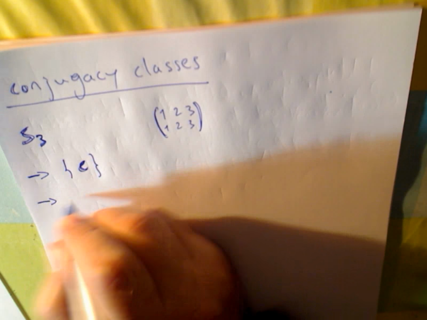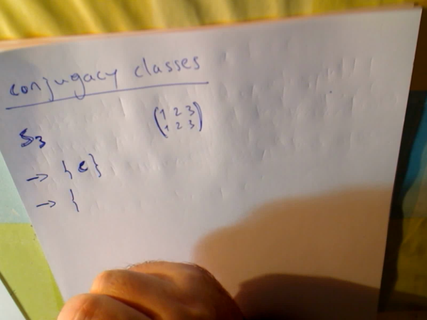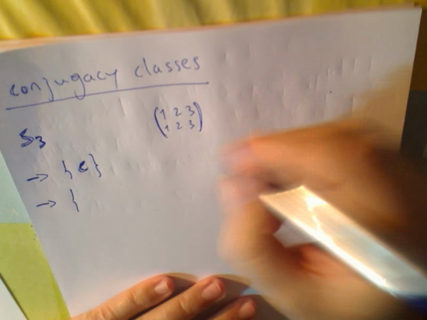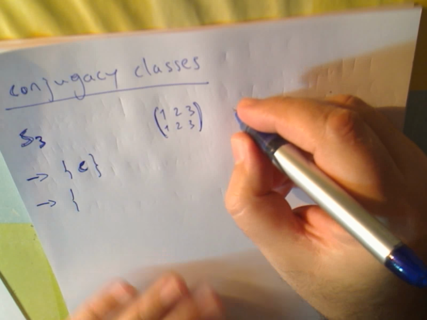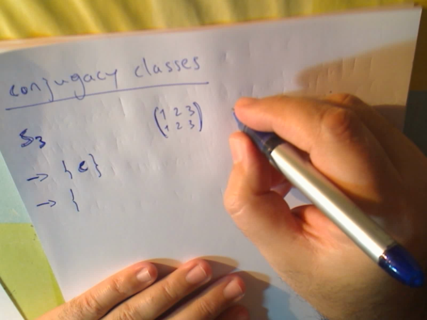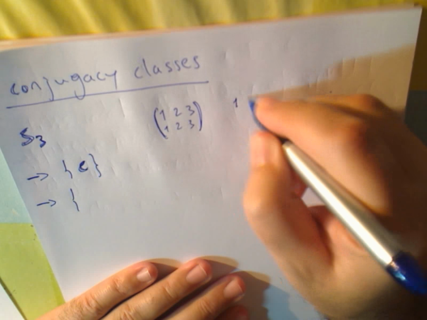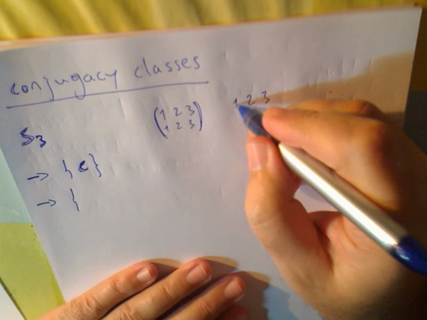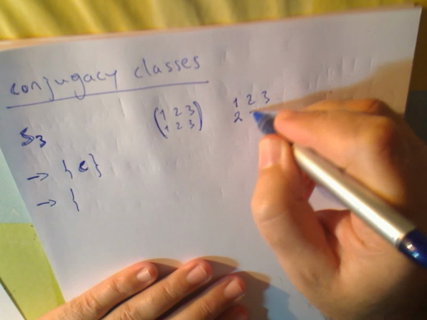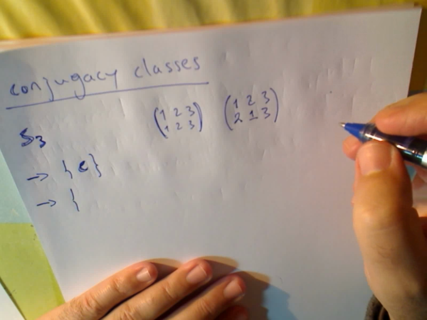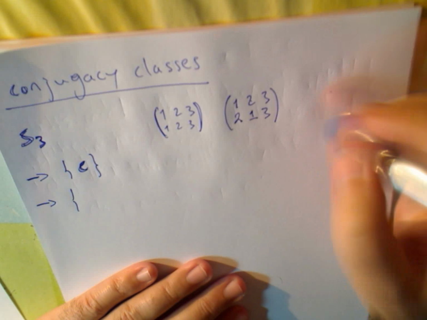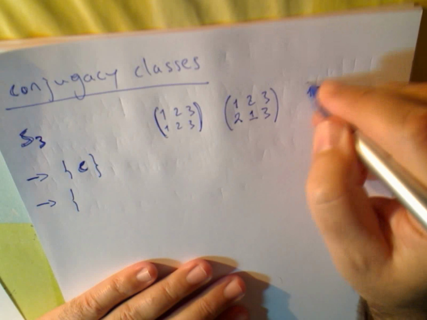The other class would be, I'm going to write in cycle notation here. I hope you are used to that; otherwise, I can make a video for that. For instance, 1, 2, 3: if 1 goes to 2, and 2 goes to 1, and 3 stays the same, in cyclic notation we say 1, 2.